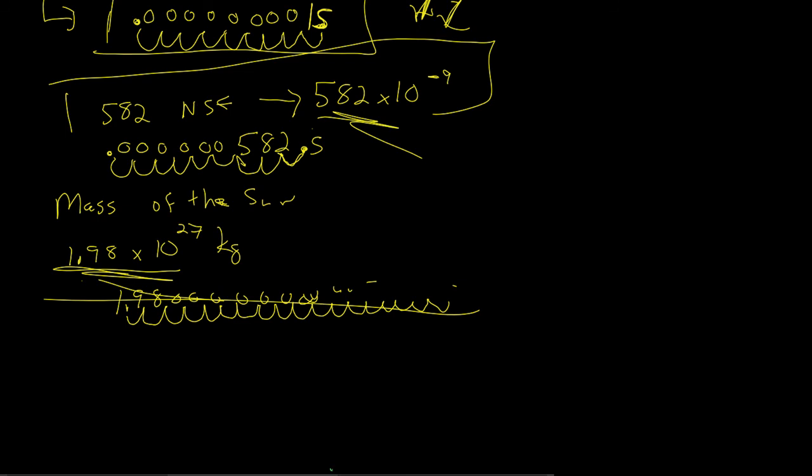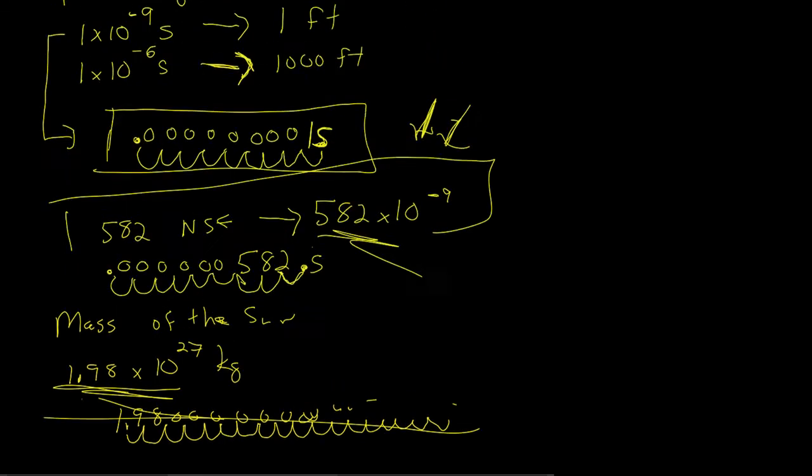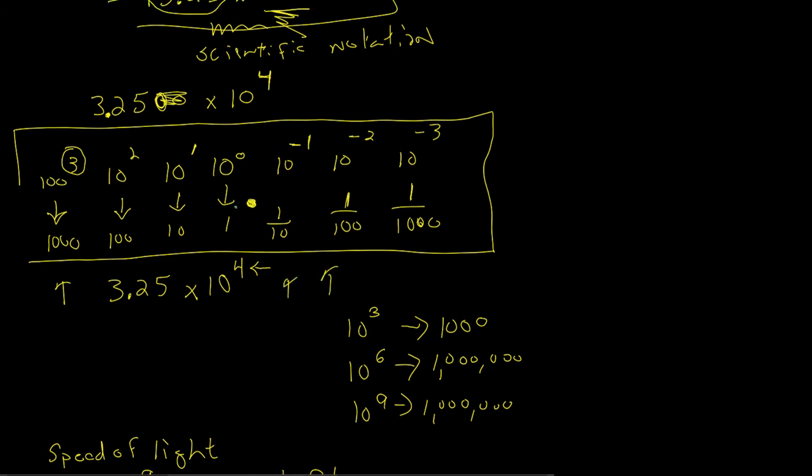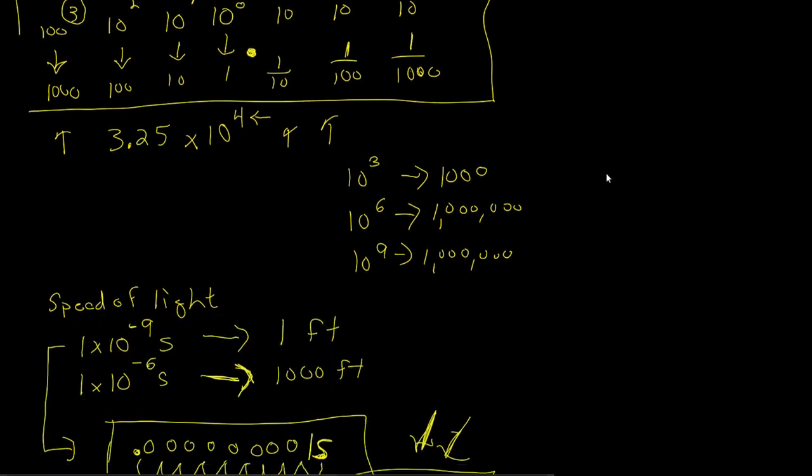So to show the why, let's show some of the rules here. Since the powers of 10 talk about where I am in my place value, and our place value tells us where our decimal point is, let's look at how to convert from scientific notation to a standard number.